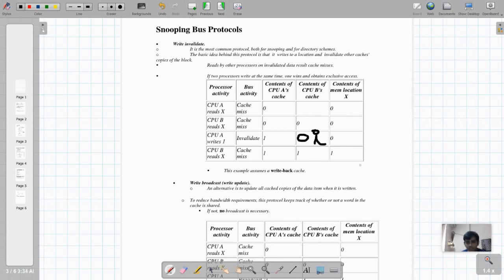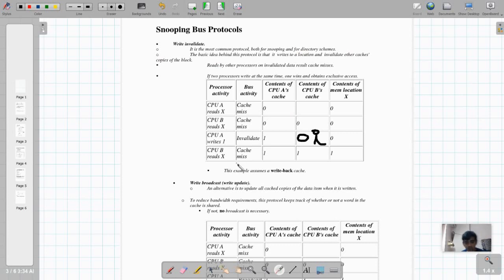I for invalidate. So this was the goal of the write invalidate message. So now you get the justification of the basic idea behind this write invalidate protocol. It writes the location and invalidates other caches' copies of the block.